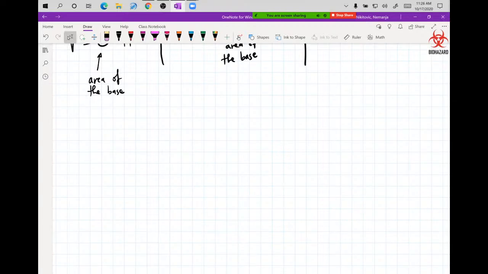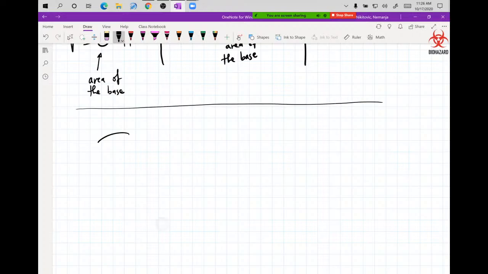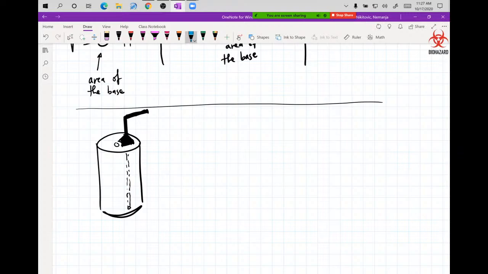So let's start with probably the cheapest and easiest concept. These are the problems that I assign to students who want to really understand this. You have a soda can of some kind, and you are wondering, if you put a straw inside and take a sip on that straw, that straw is going to go inside all the way down to the bottom, and you have some liquid inside this can.